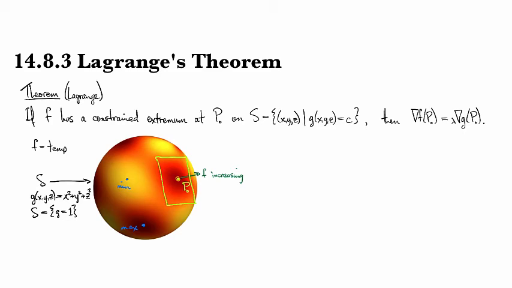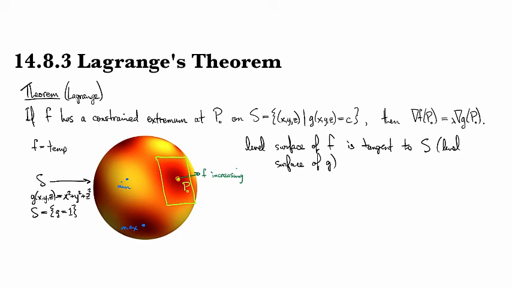What we have is that the level surface of f is tangent to S, which is the level surface of g.